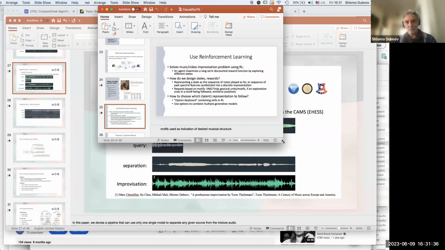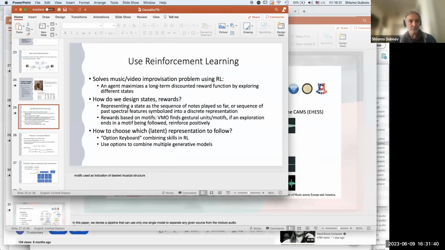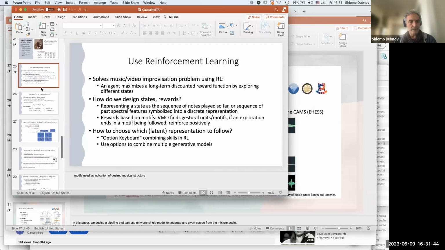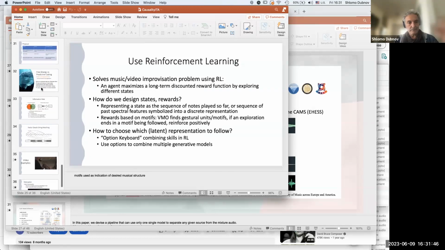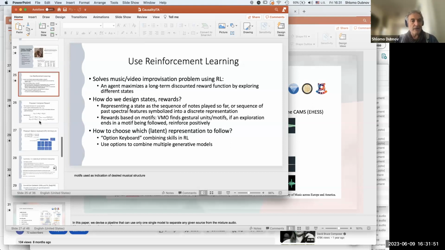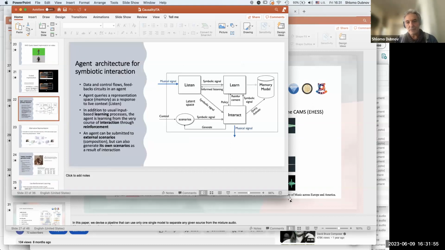Let me go back and forth and jump between slides from some talks I gave, or maybe some other papers. Okay. Sorry about browsing. So yeah, an idea of an agent architecture for interaction.